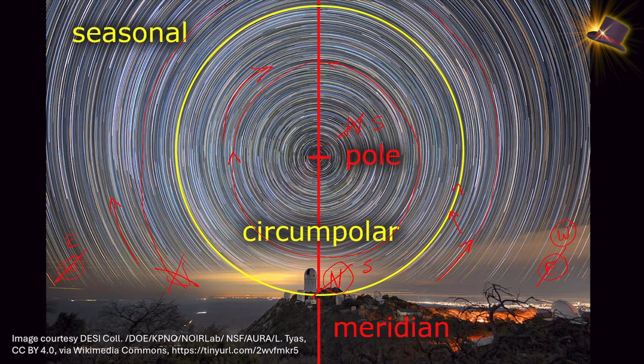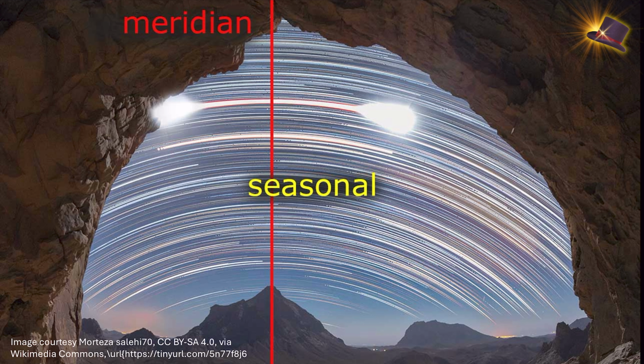So what happens when you're in the northern hemisphere and you're looking south? So now we're in the northern hemisphere. This is a photograph taken in Iran. And this is the southern horizon from a location in the northern hemisphere.